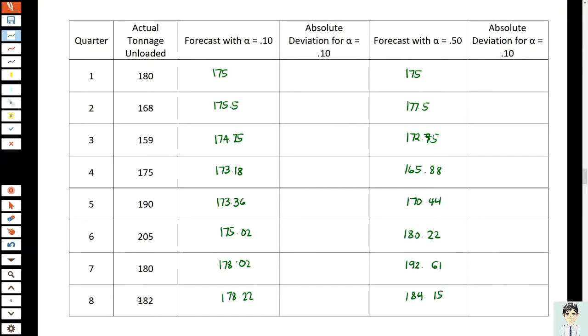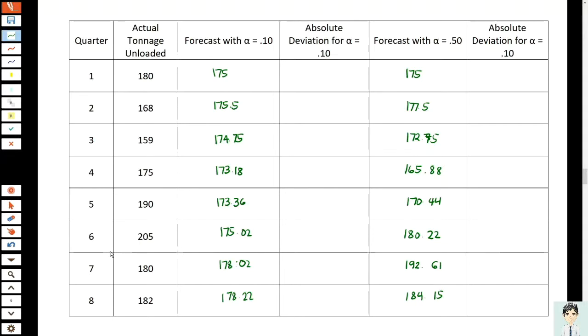Nagtataka kayo kung bakit wala yung 9th quarter, diba? Kasi ang hinahanap lang natin sa 9th quarter is the forecast. Wala naman tayong actual tonnage doon or the actual demand, diba? So, ang quarter lang na meron tayo is hanggang 8th quarter.